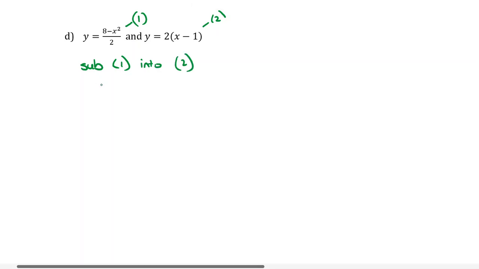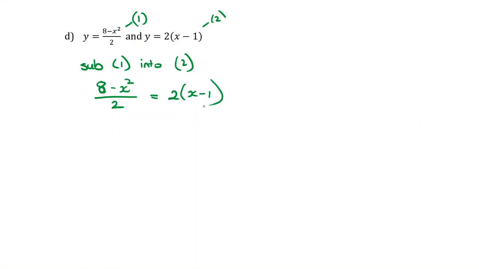Okay, so that's going to give 8 minus x squared over 2 equals 2 bracket x take away 1. So to tidy this up, I'm going to times the 2 from the bottom of this fraction over to the other side, which means I just need to multiply it with the 2 from the front to make a 4.